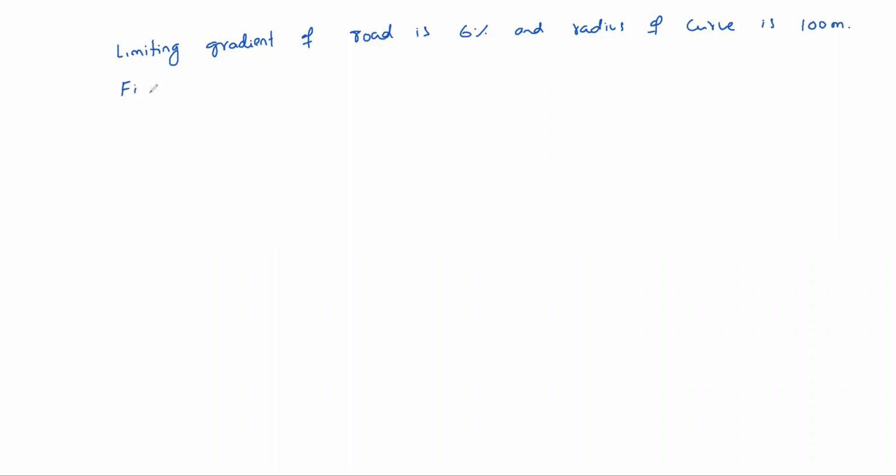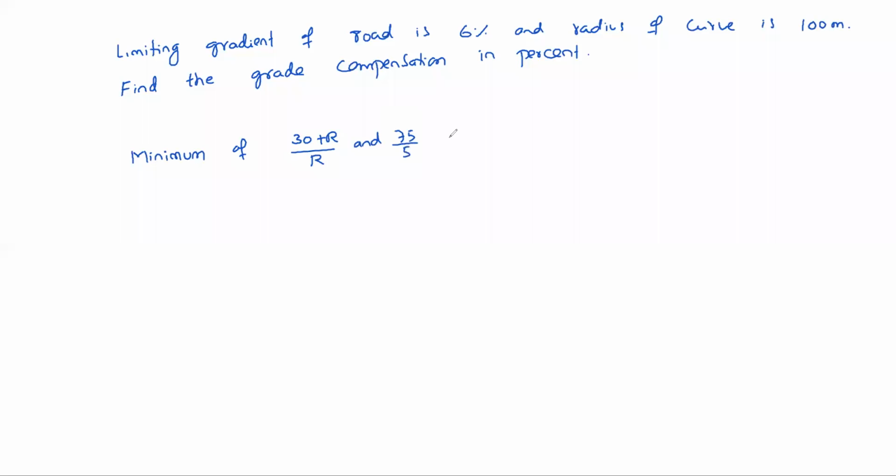Find the grade compensation in percent. So grade compensation is the minimum of (30 plus R) by R and 75 by R percent.